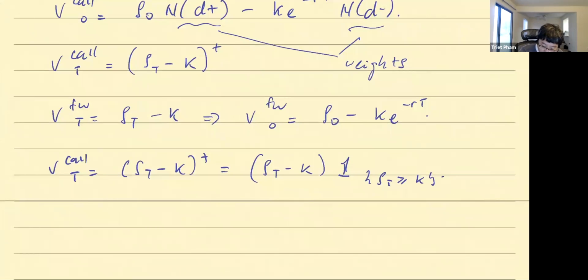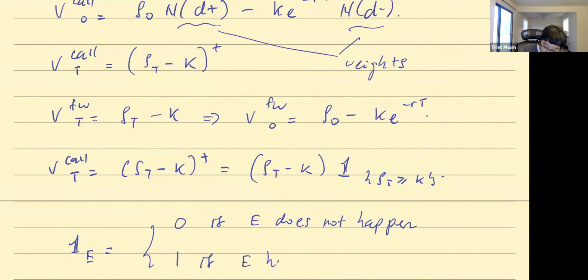The indicator of some event E is 0 if E does not happen and 1 if E happens.